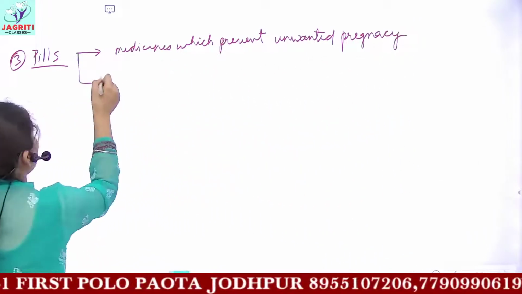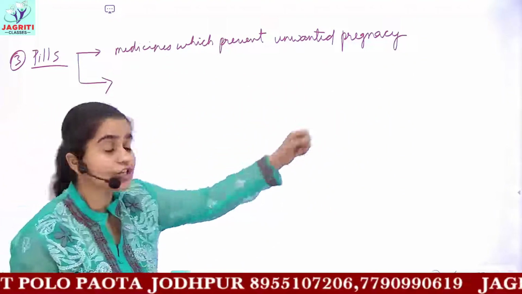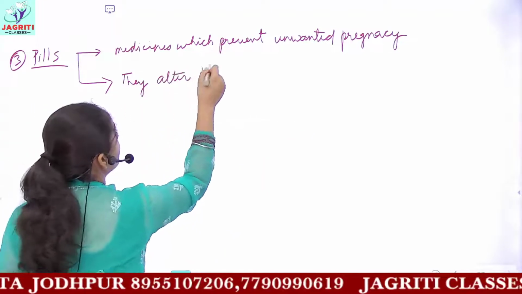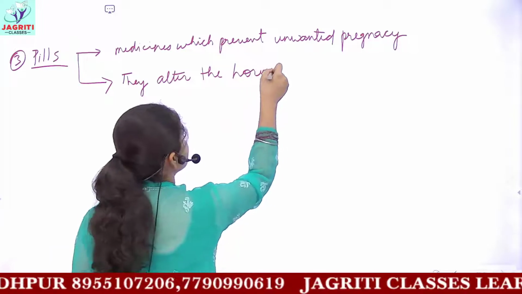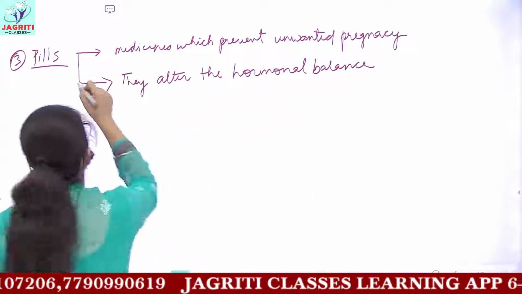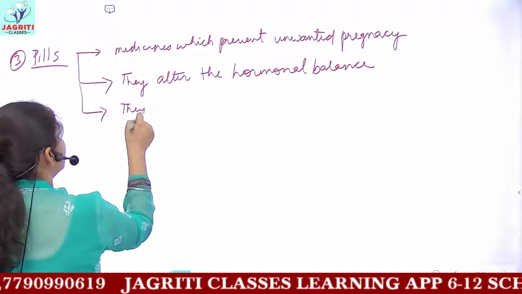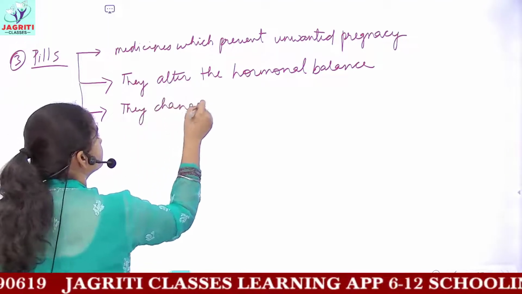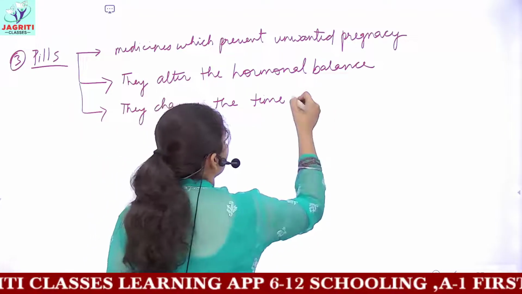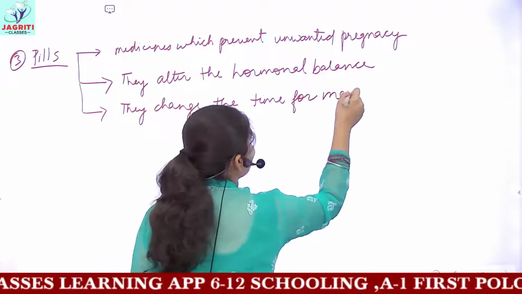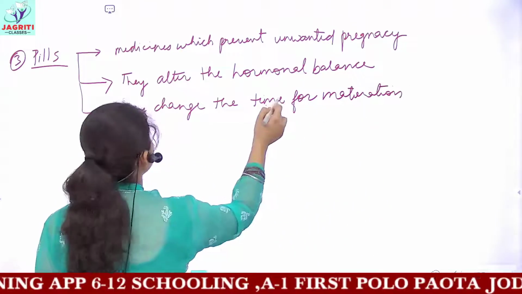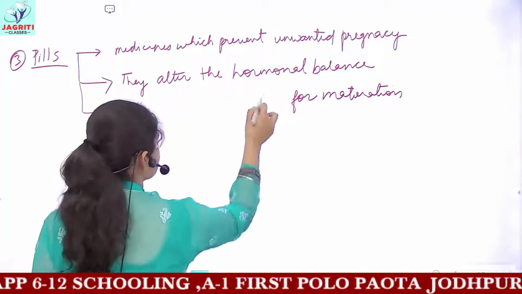And how do they prevent the unwanted fertilization or pregnancies? They alter the hormonal balance. And once they alter the hormonal balance, they change the time for maturation of eggs, or you can say they delay the maturation of eggs.